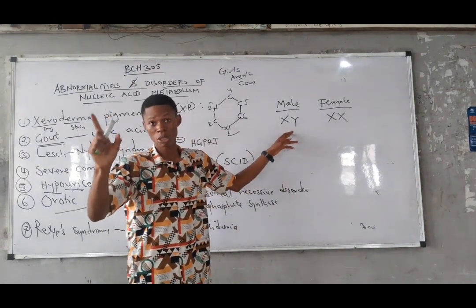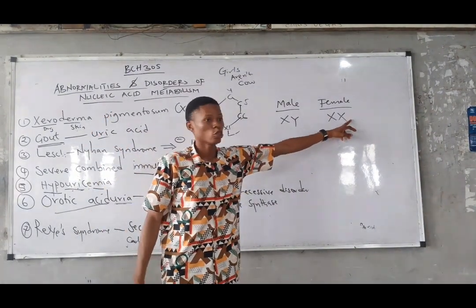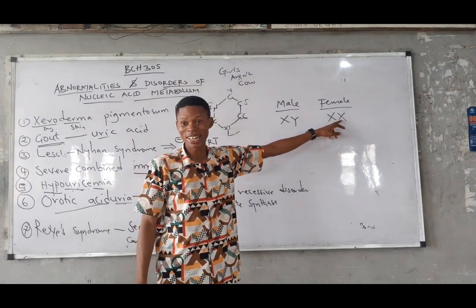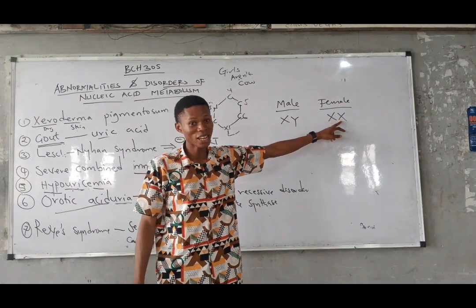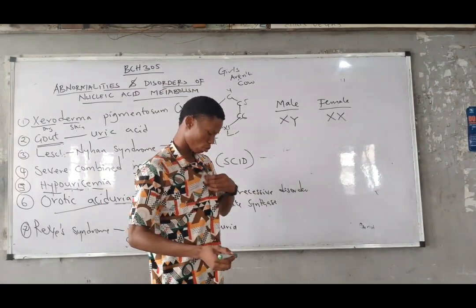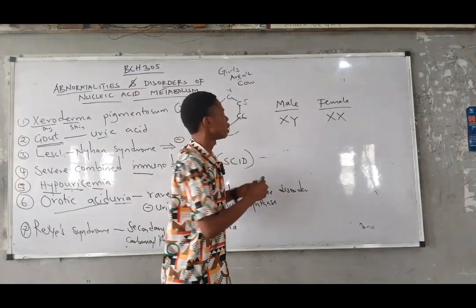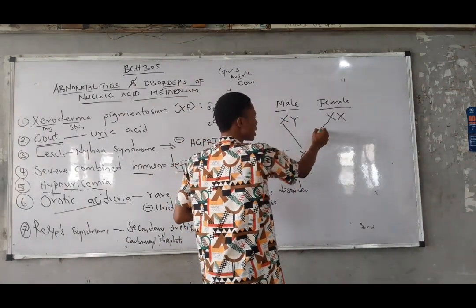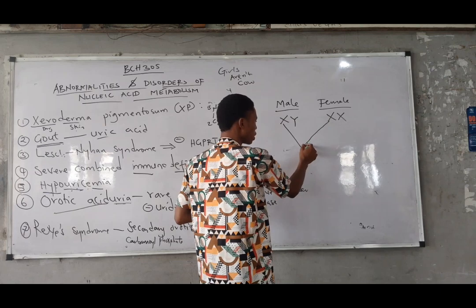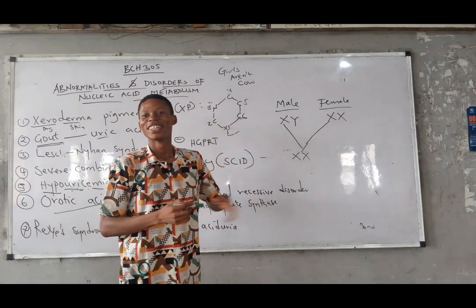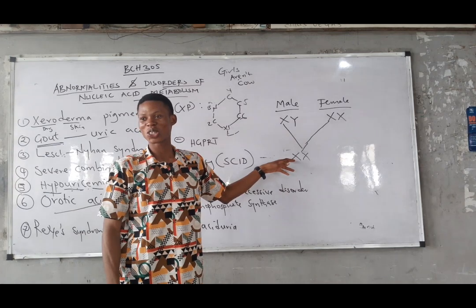So you agree with me that the females contain only X, right? They can never have Y in their lifetime. Good. Now, if the man donates X and the wife donates X, which is the only thing she can donate, the child will be a what?